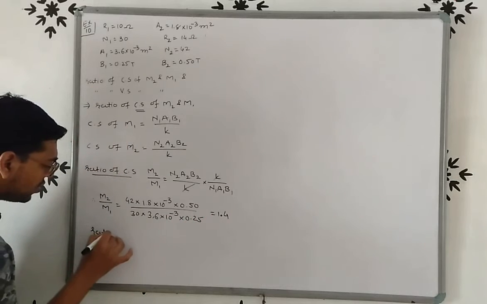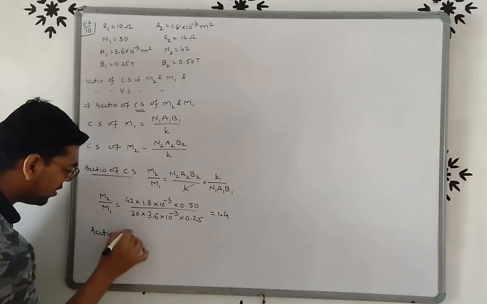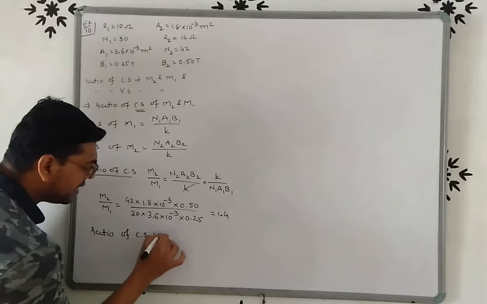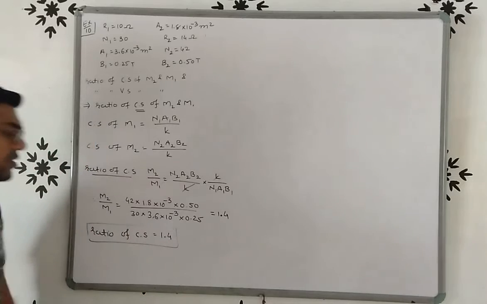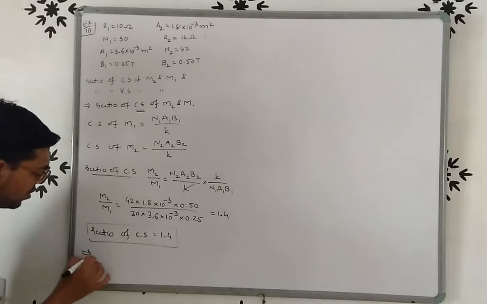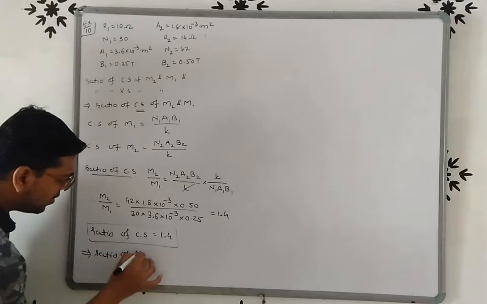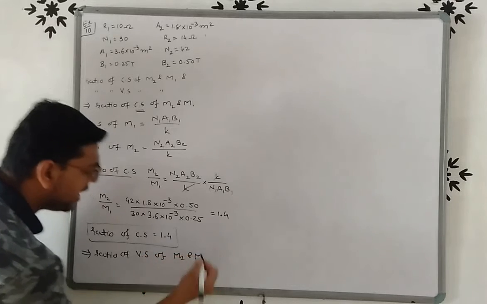So the ratio of current sensitivity of M2 and M1 is 1.4. Now voltage sensitivity. The ratio of voltage sensitivity of M2 and M1.